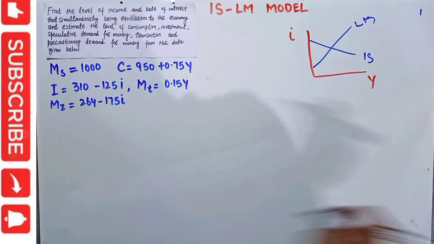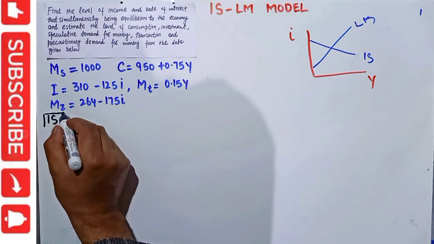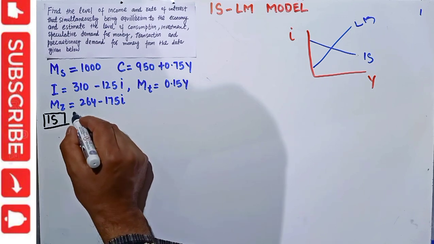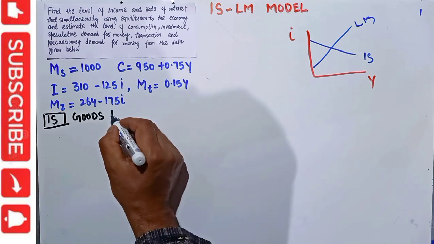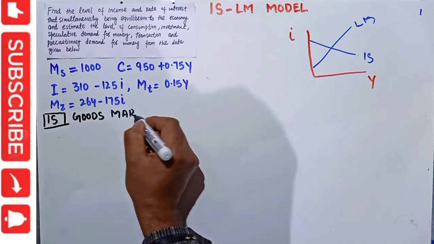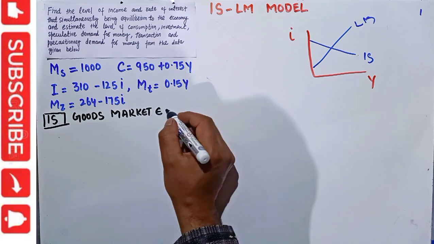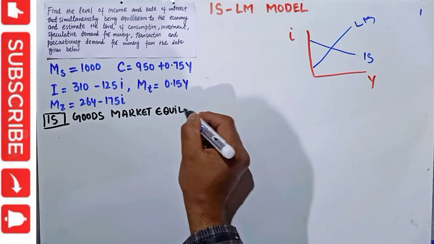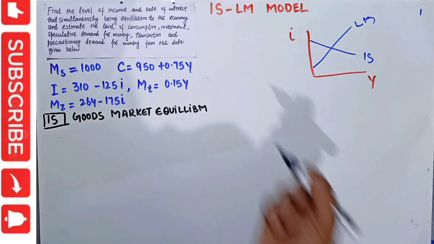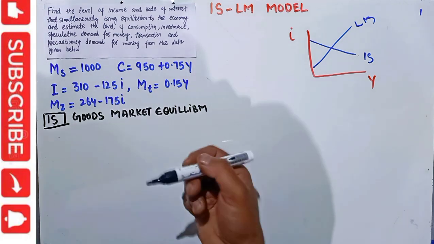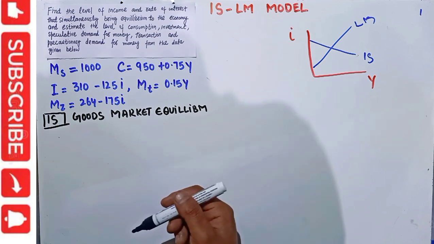What is the IS function? The investment savings function shows us the goods market equilibrium, and the goods market is in equilibrium when, as you can see the spelling, I cannot write the full spelling here, I don't have the luxury of too much space here.